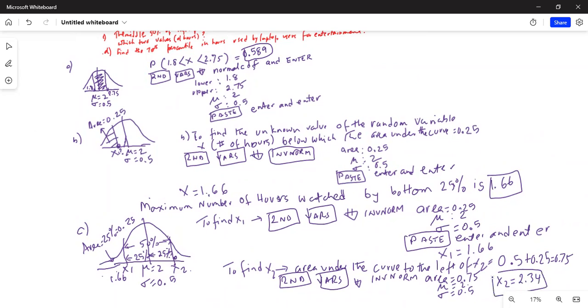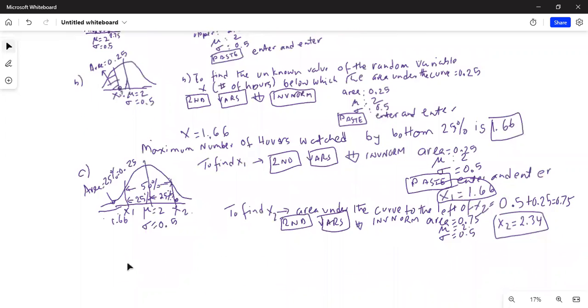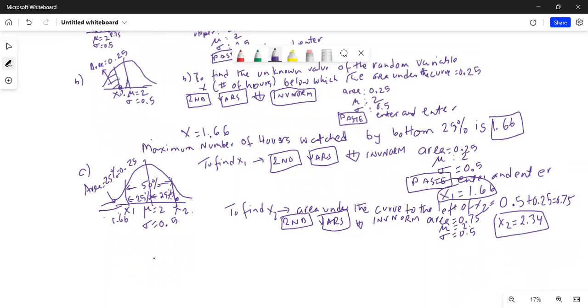So x1 is 1.66 and x2 is 2.34. So the answer to part C is between 1.66 and 2.34, the middle 50% of laptop users will fall.